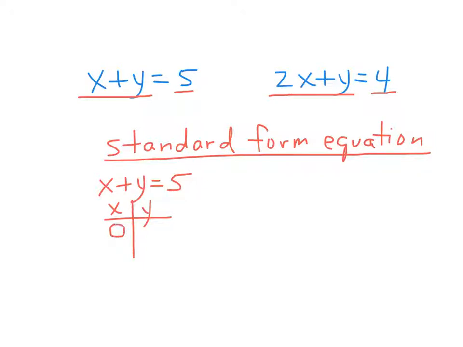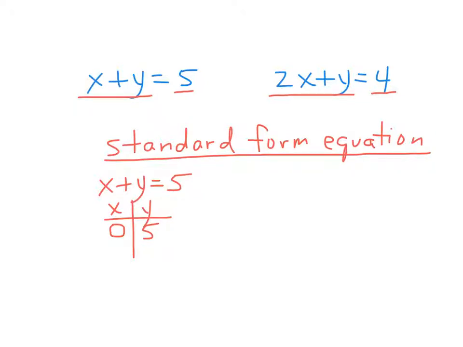If I let x equal 0, then when I solve it, it gets rid of that x. I just have y is equal to 5, which means that if x is 0, y is equal to 5.